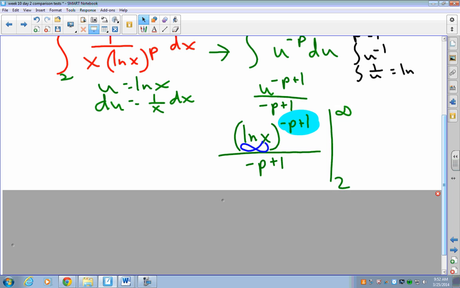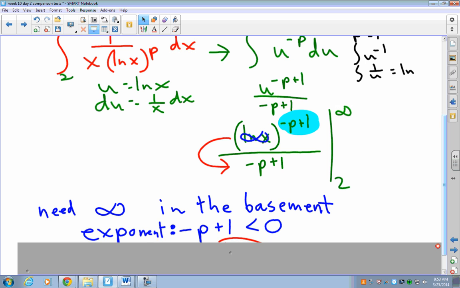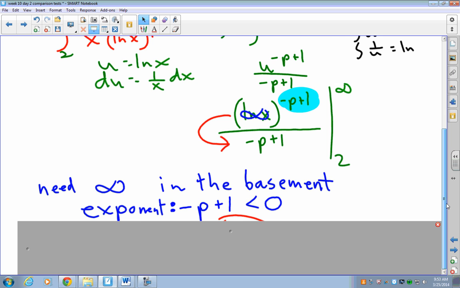Yeah, if this is up top, do you agree it blows up? But if I'm somehow able to throw that infinity down below, now I'm talking about a number over infinity, which takes me to 0. So this is okay as long as I get this whole thing down below. So I need the infinity in the basement.